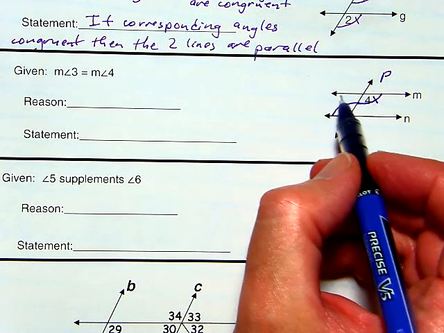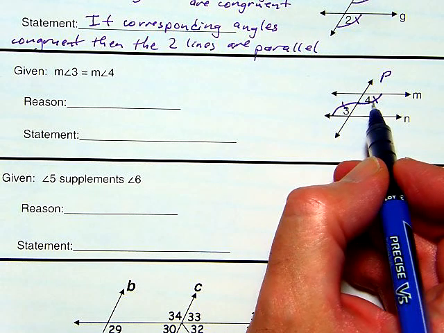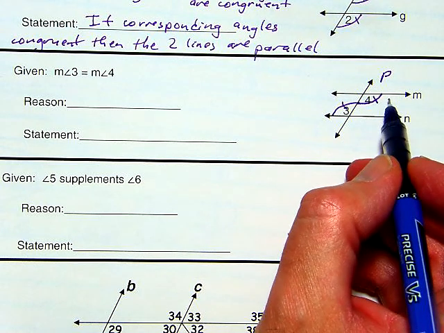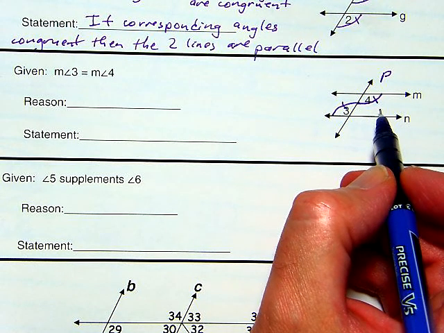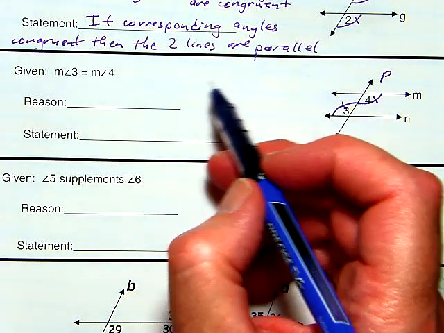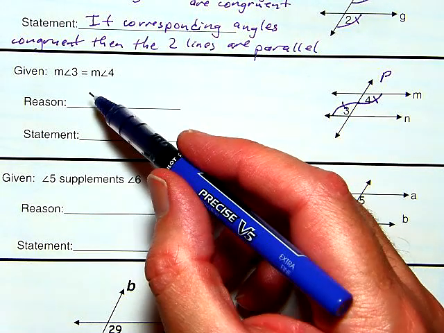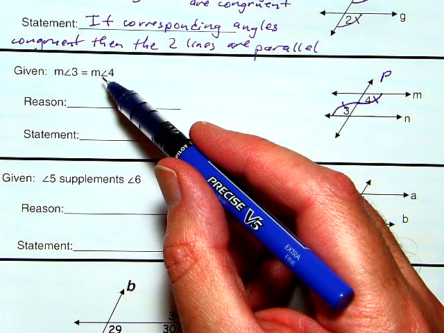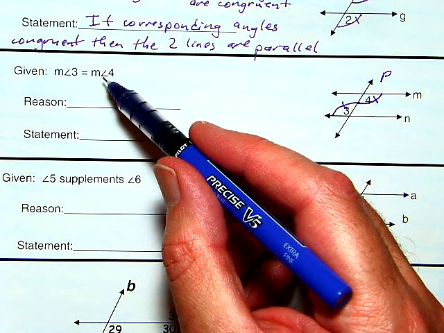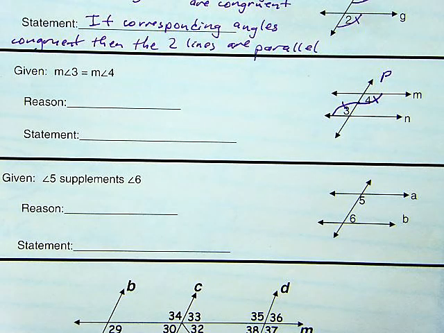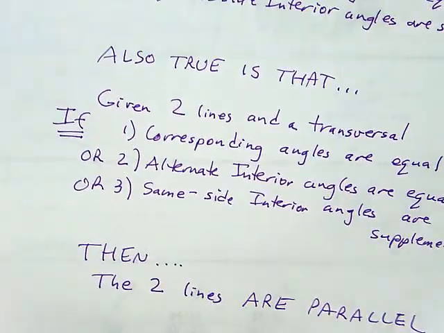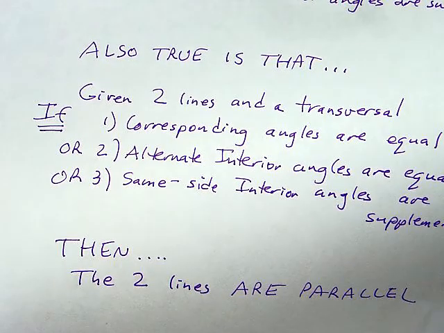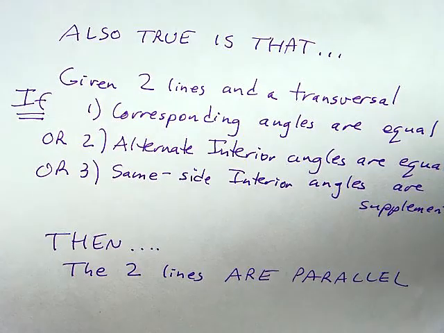Well, these angles are on opposite sides of the transversal P, right? So they're alternate angles, and they're between M and N, so that makes them alternate interior angles. And we're saying that the measure of these alternate interior angles is equal, or that the alternate interior angles are congruent. Well, we said here that if alternate interior angles are equal in measure, then the two lines are parallel.